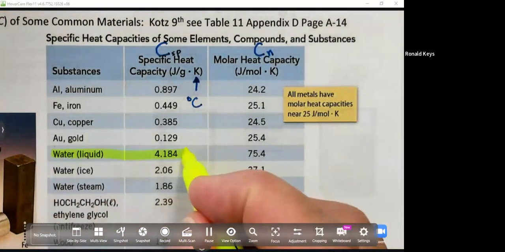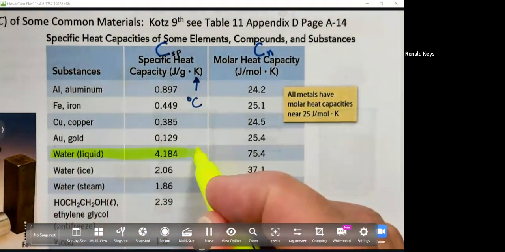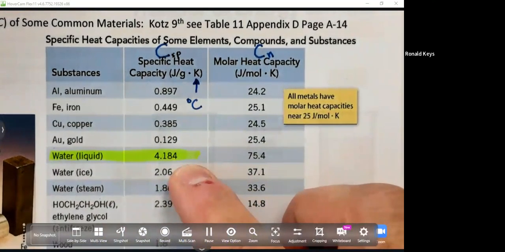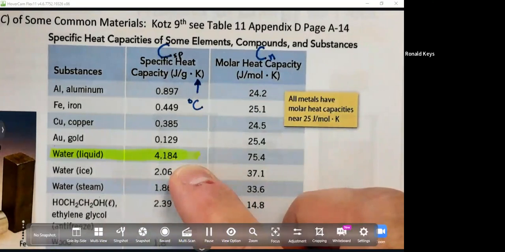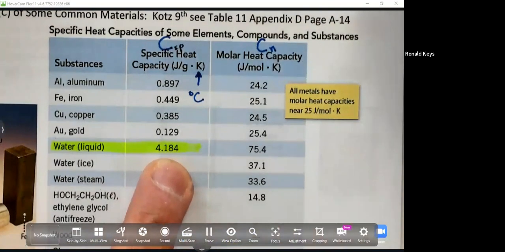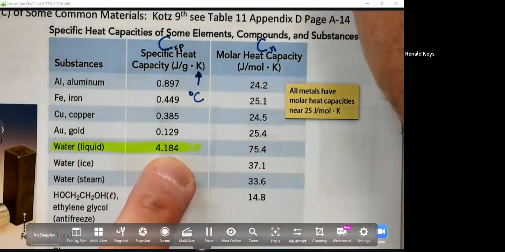But this is the big one. It takes a lot of energy to heat up water. 4.184. It takes a lot. The fact that liquid water is 4.184 joules per gram degree Celsius, so it takes a lot of heat energy to heat it up, makes life on this planet possible.